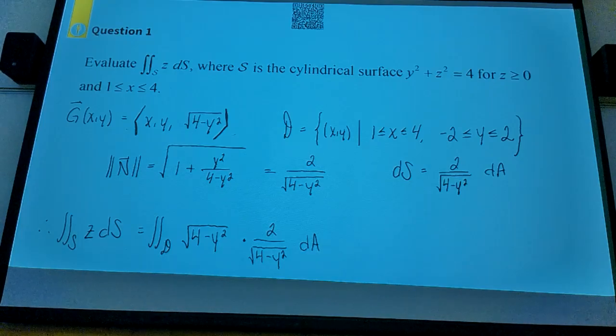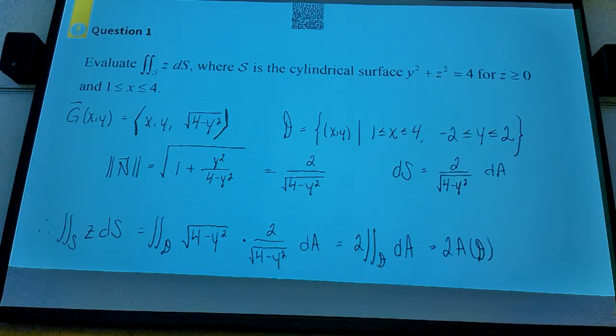And notice how this simplifies. Two times the integral over D dA. So that's just an area integral, isn't it?